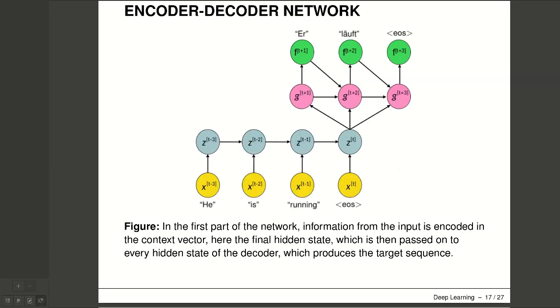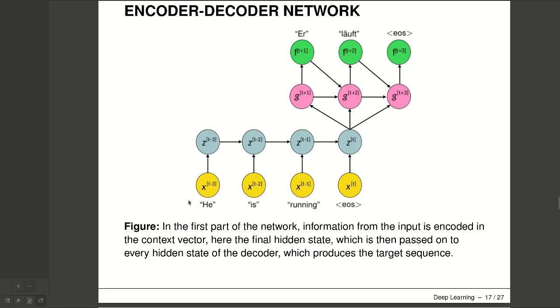Here is a schematic of an encoder decoder network. As you can see here, the task is machine translation. We would like to translate a sentence from English to Deutsch or German. Here we have an input of size 4, which we map to an output of size 3.